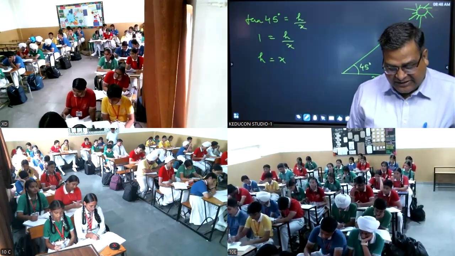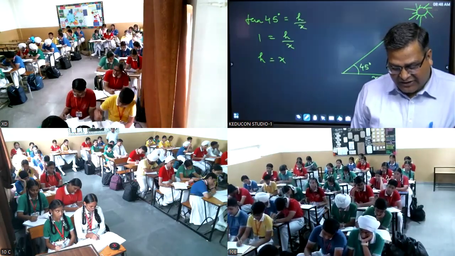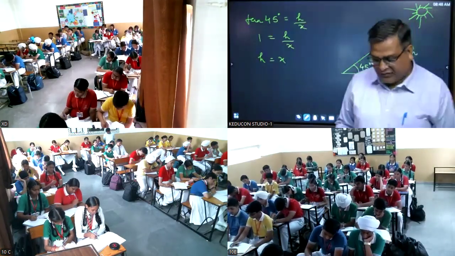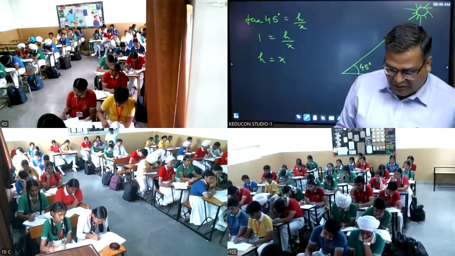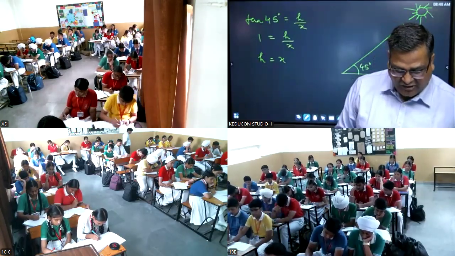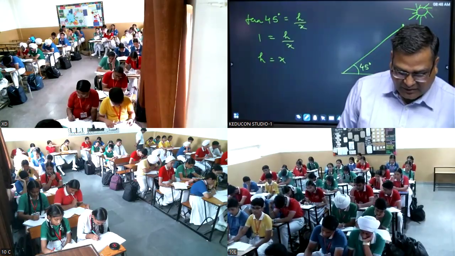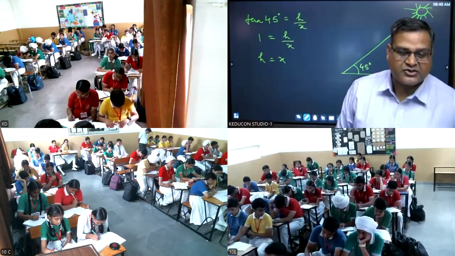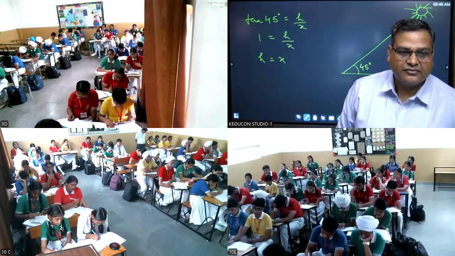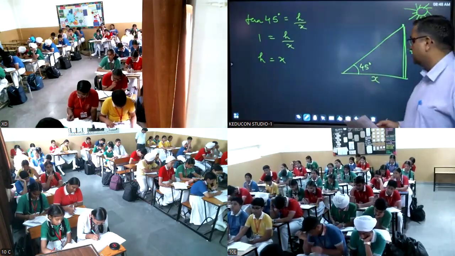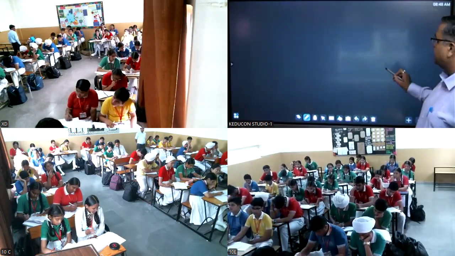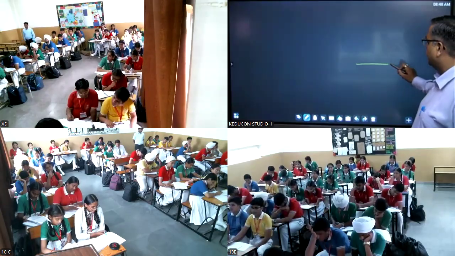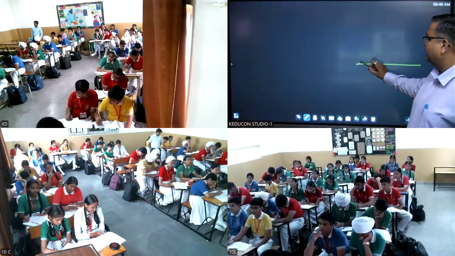Now come to the reason. The angle of elevation of an object viewed is the angle formed by the line of sight with the horizontal when it is above the horizontal level. Is this true? This is the horizontal, and this is the line of sight.